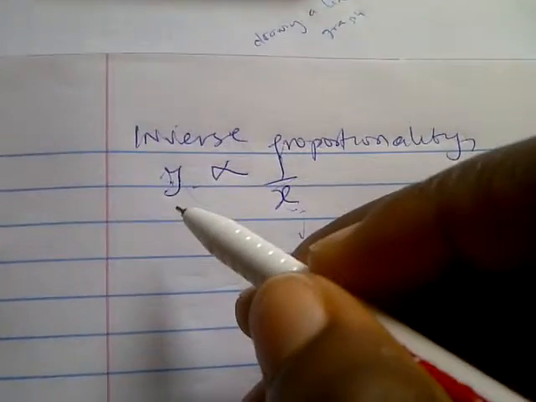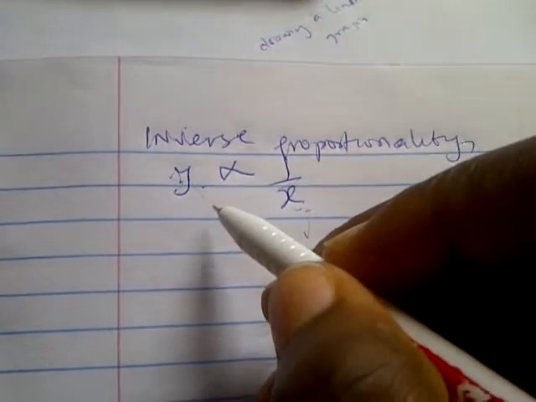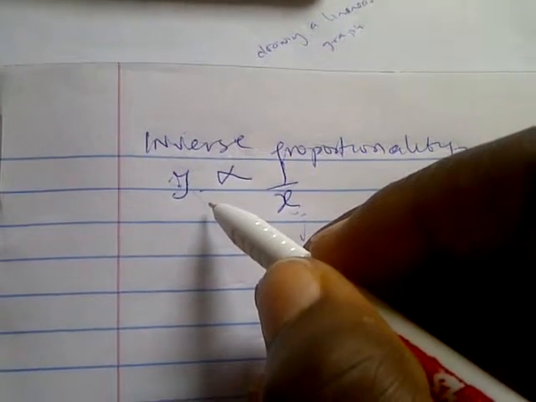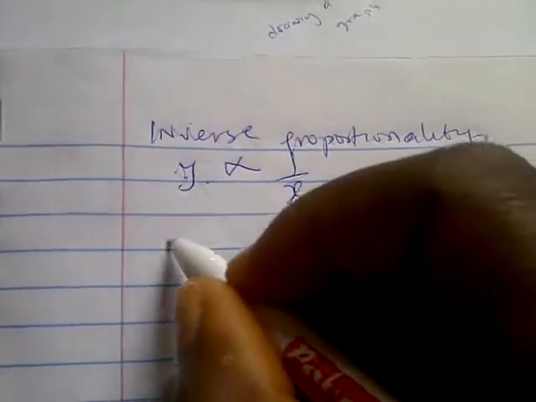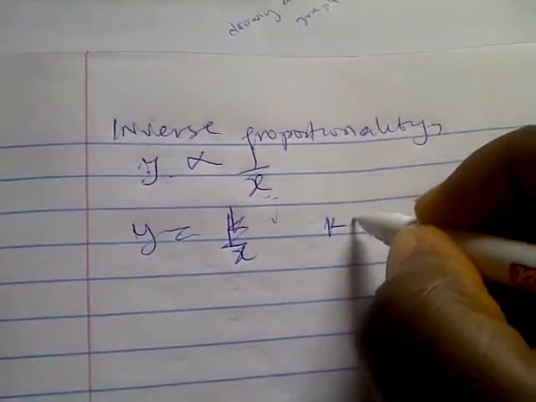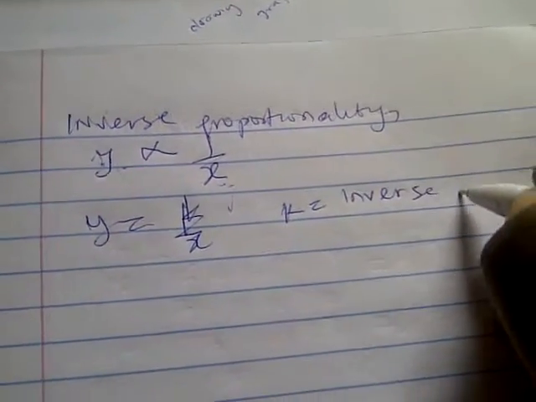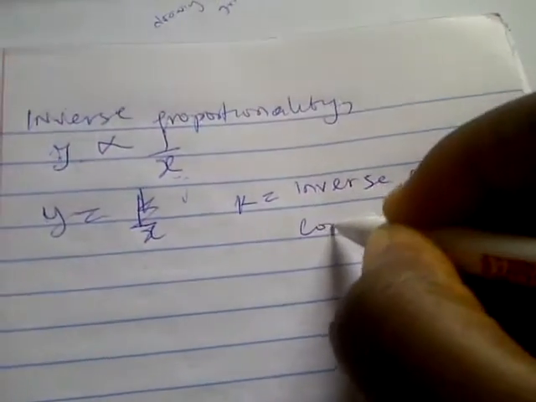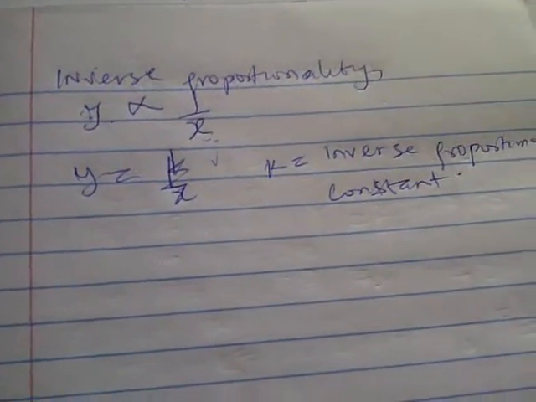Now the same way we did for direct proportion, for inverse proportion we have to introduce a constant so that we can get a formula. Now for the constant, we have y equal to k over x, where k is the inverse proportionality constant, or constant of inverse proportionality, whichever you want to call it.